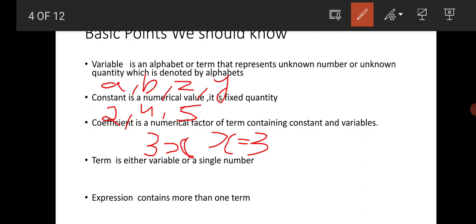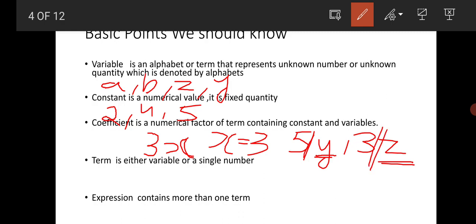I will give another example. 5y, 3z. In these terms, the coefficient of y is equal to 5 and the coefficient of z is equal to 3.